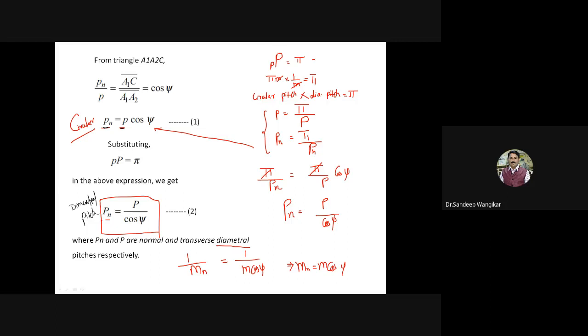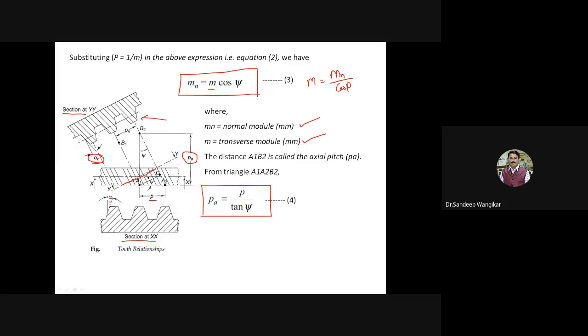If I substitute the values, diametral pitch is equal to 1 upon m. So Pn is equal to 1 upon mn, and P is equal to 1 upon m. It gets converted to the module relation: mn is equal to m cos psi, or m is equal to mn by cos psi. Here we are using the normal module relation between m and mn. Then further, axial pitch Pa is equal to P divided by tan of psi, where P stands for the circular pitch and Pa stands for the axial pitch.